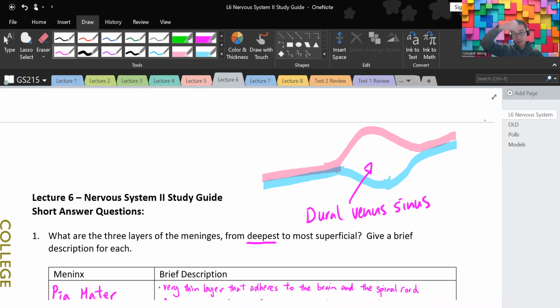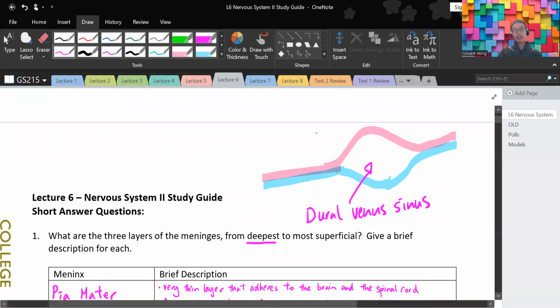That pocket is along the middle of the brain right there. The purpose of a durovenous sinus, if you remember from the lecture, is to drain excess CSF. So this whole thing here is the dura mater, 2 layers.